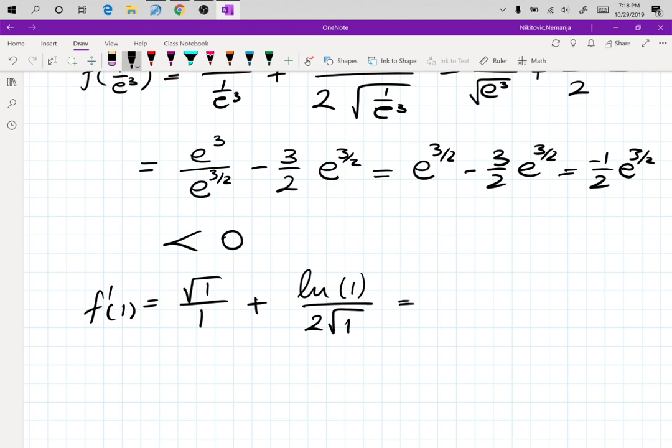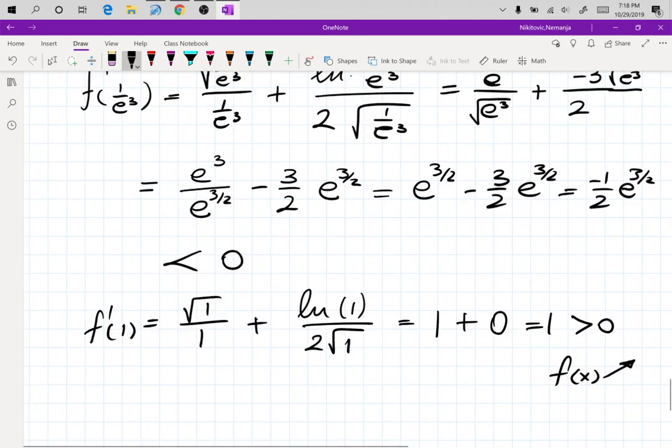That's 1 plus big fat 0. ln of 1 is 0. It's 1, larger than 0. The function f of x is increasing. Again, ln of 1 is 0. And because ln of 1 is 0, 0 divided by 2 is still 0. So that's what we have.